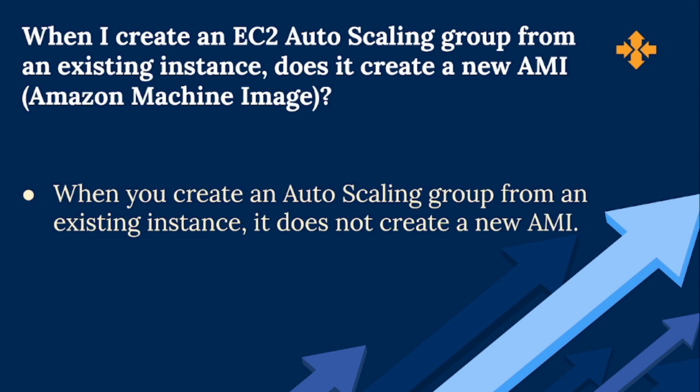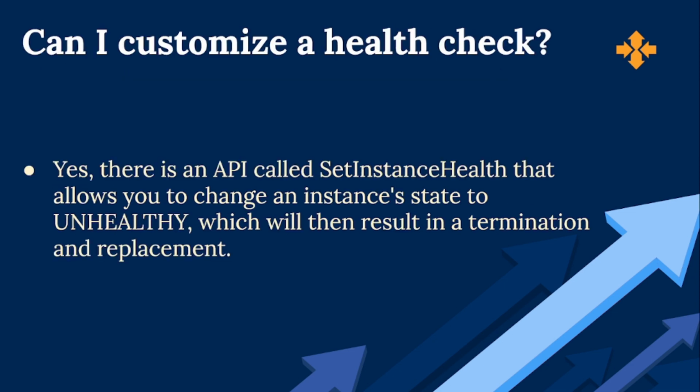When I create an EC2 Auto Scaling group from an existing instance, does it create a new Amazon Machine Image? When you create an Auto Scaling group from an existing instance, it does not create a new AMI. Let's move to the next question.